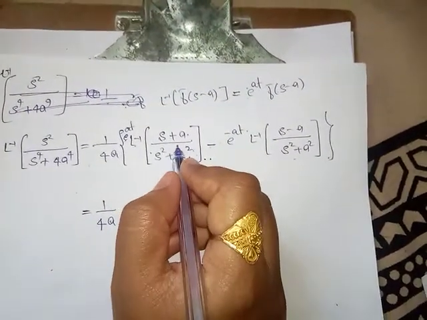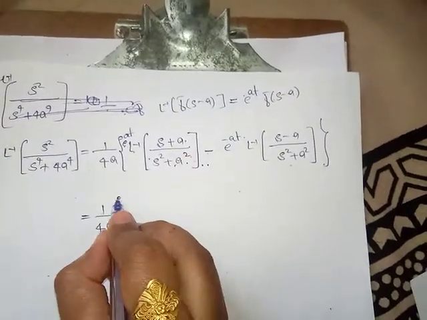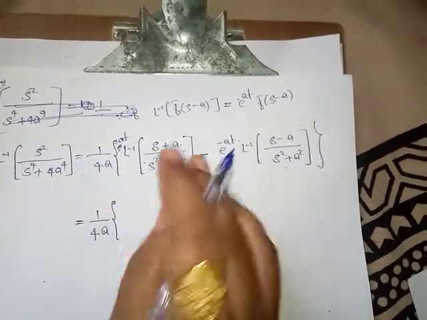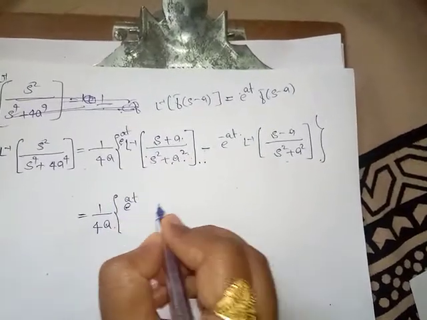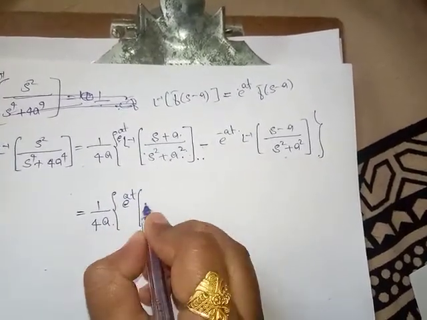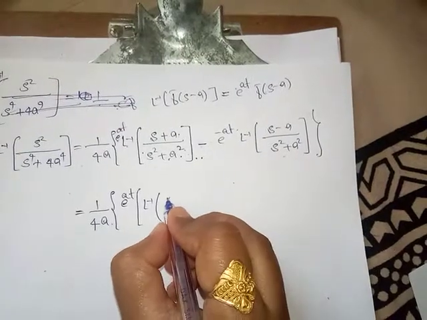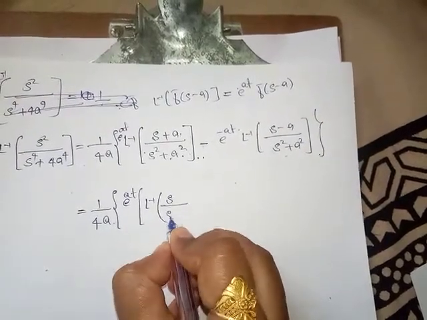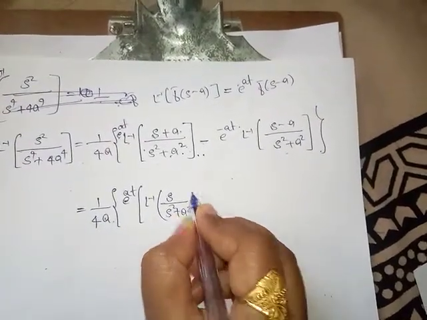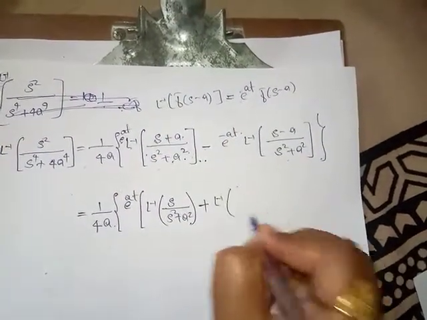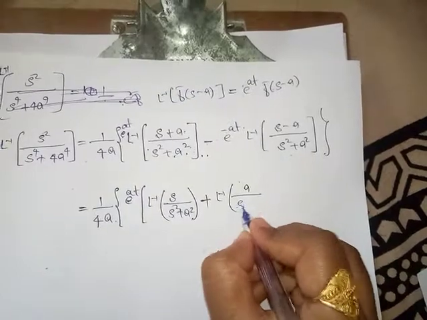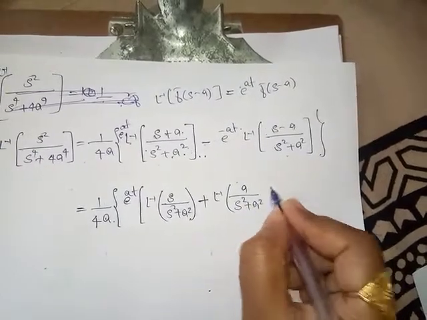And now again I have two terms here, for these two terms e raised to at is common. Now L inverse of s divided by s square plus a square, here I have plus sign, therefore L inverse of a divided by s square plus a square.